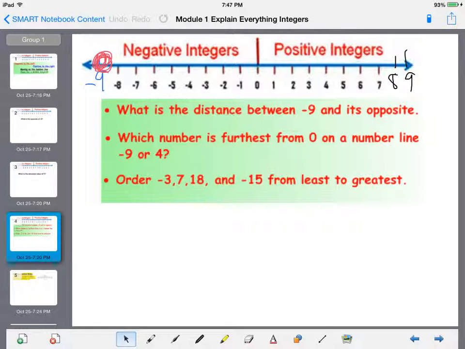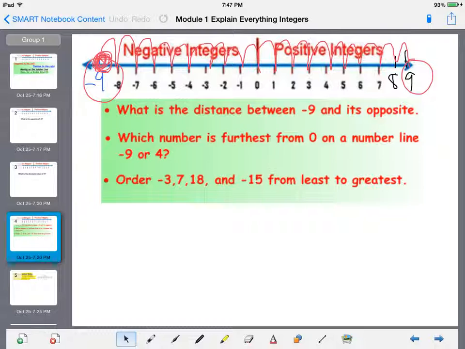And so you'd have to count all the total units from -9, 1, 2, 3, 4, 5, 6, 7, 8, 9 units to 0. But then you can't forget they want you to meet over on its opposite. So there's another 1, 2, 3, 4, 5, 6, 7, 8, 9. So the distance between -9 and its opposite would be a total of 18 units.